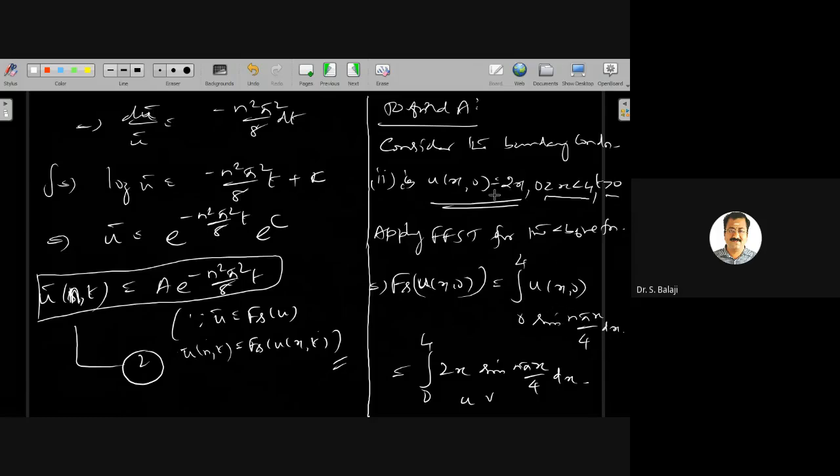U of x comma 0 equal to 2x, so it is the integral 0 to 4 of 2x sin n pi x by 4 dx.